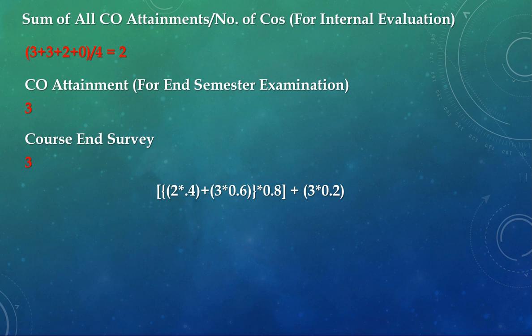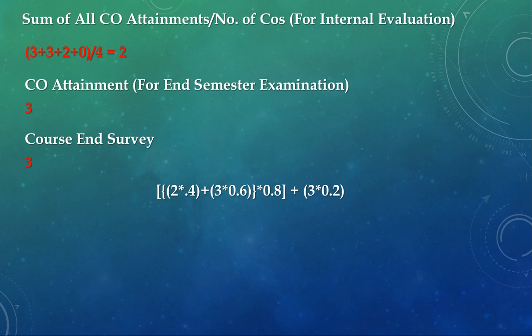Therefore, we multiply the attainment level that we get from the internal evaluation with 0.4 to get 40% of 2, and we multiply 3 with 0.6 to get the 60% out of the attainment level 3.